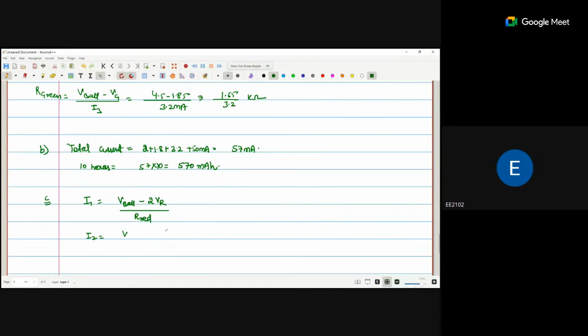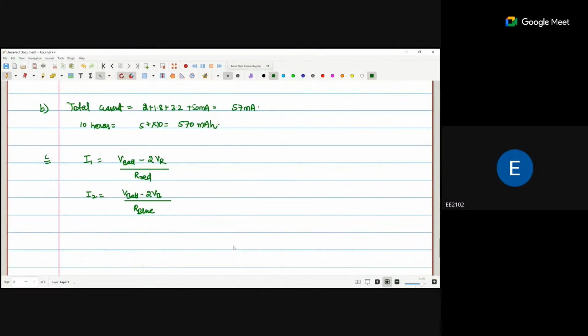I2 is V battery minus 2V blue divided by R blue. And I3 is V battery minus Vg divided by R. Okay, this is the C part. I am not calculating the value.